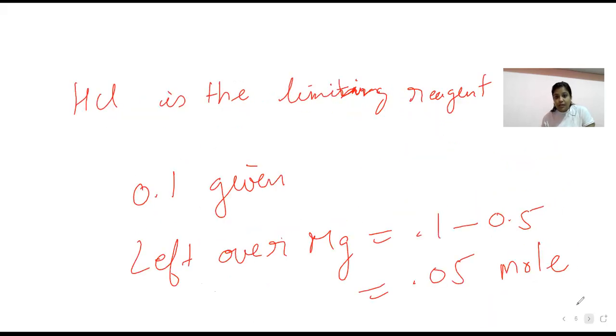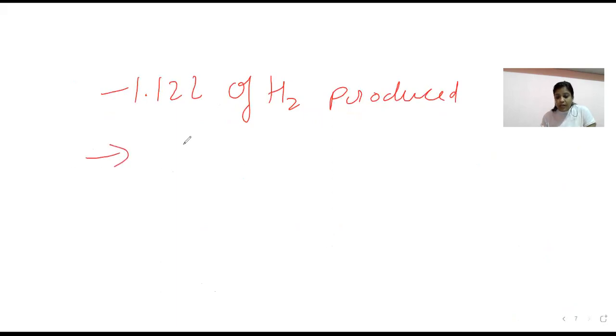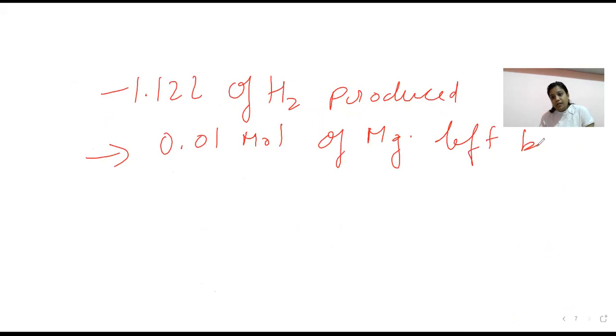So this is a correct statement. The second statement is 0.01 mole of magnesium is left behind. That is wrong, because 0.05 mole of magnesium is left behind. So this is a wrong statement.